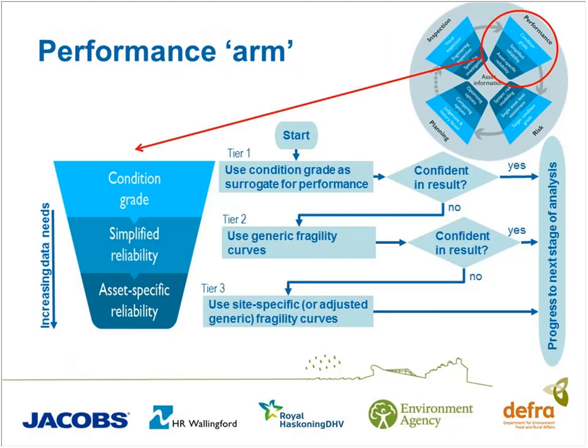Okay, so the concept in the whole Asset Performance Tools project is that of a tiered approach. And as John explained, the outside of the wheel is the blue, where we're using very simple approaches. In this case, it's just condition grade. And then the mid-density blue is actually a more simplified reliability analysis, where we're just relying on those generic curves.